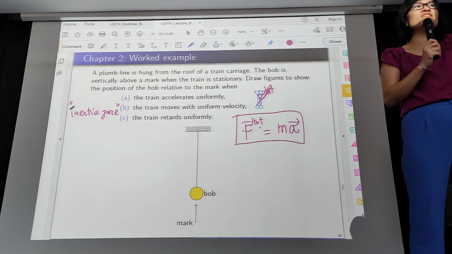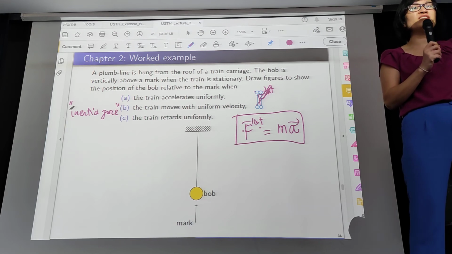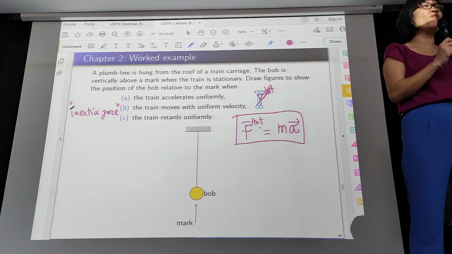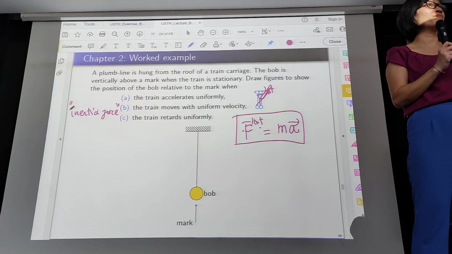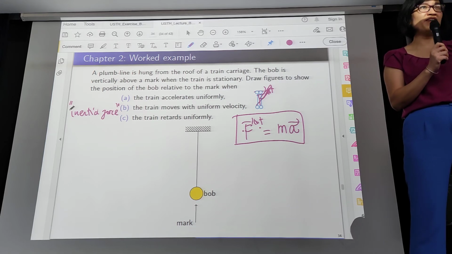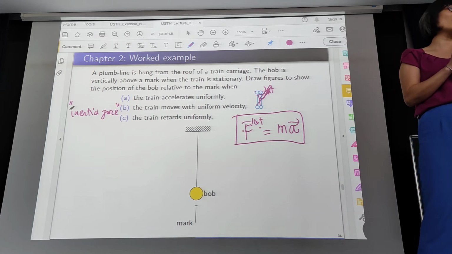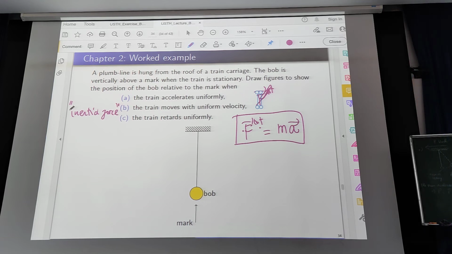So the first law of Newton said that when the net force acting on the object is zero, it should stay at rest forever or moving with a constant velocity. In case of the moving frame, still the force acting on the bottle is the same because you didn't touch any force on the bottle, right?